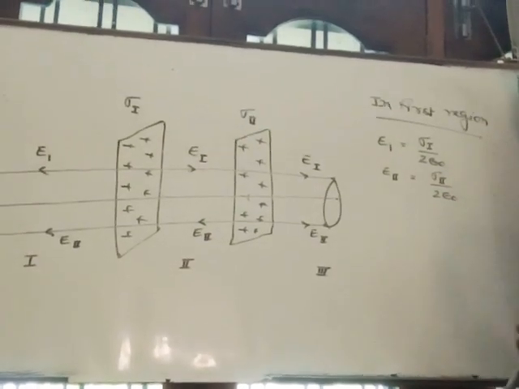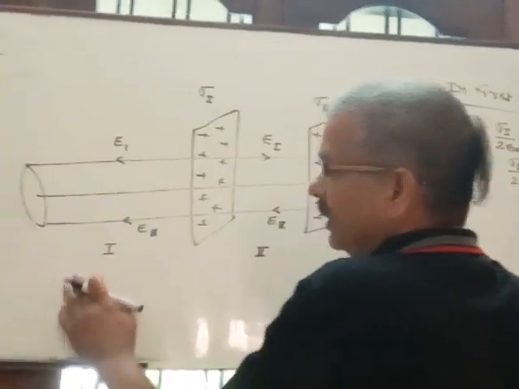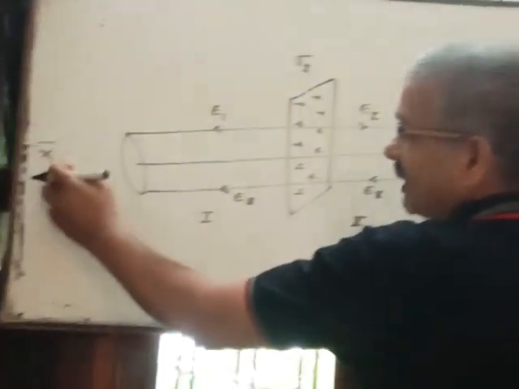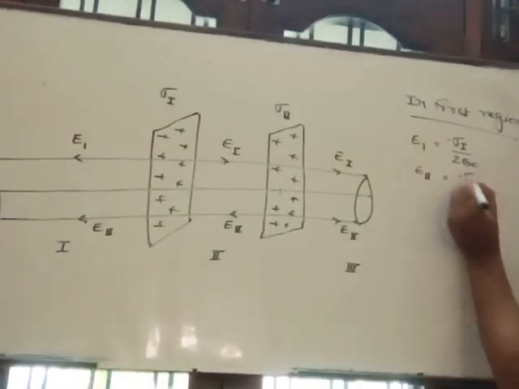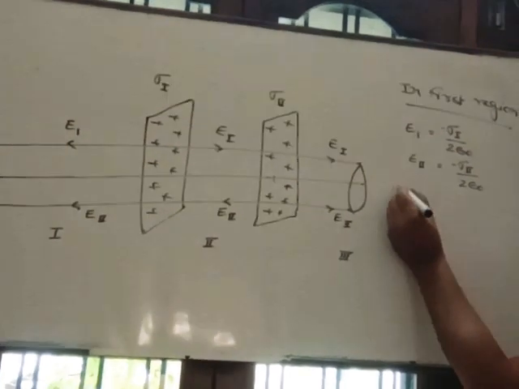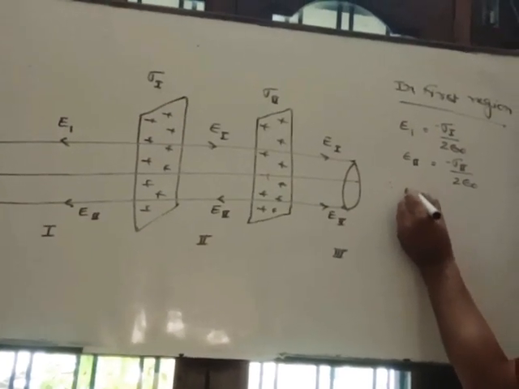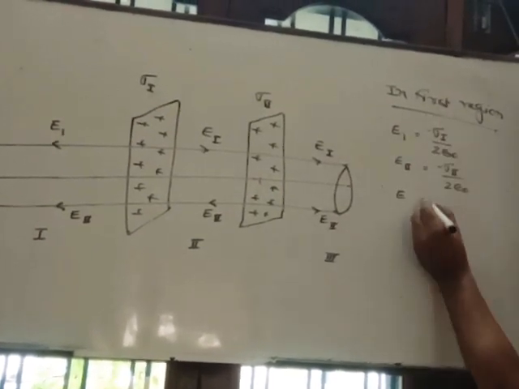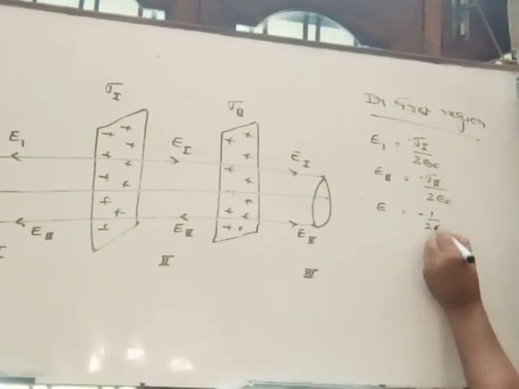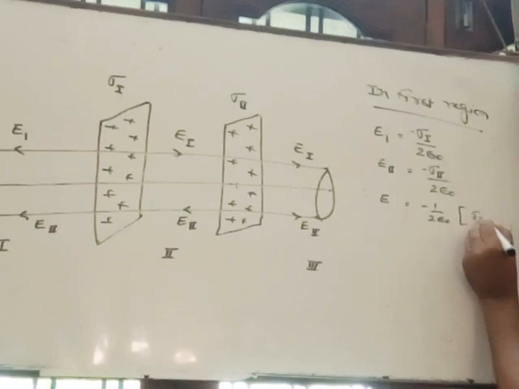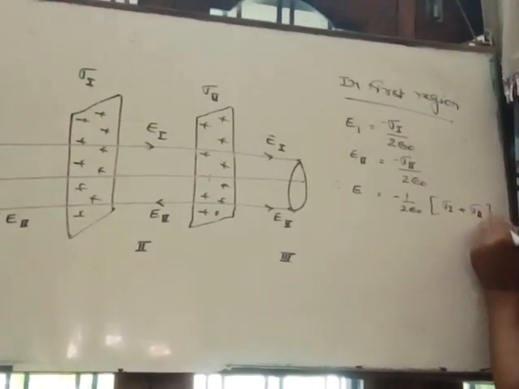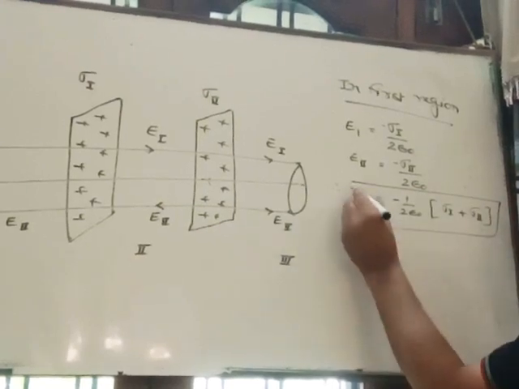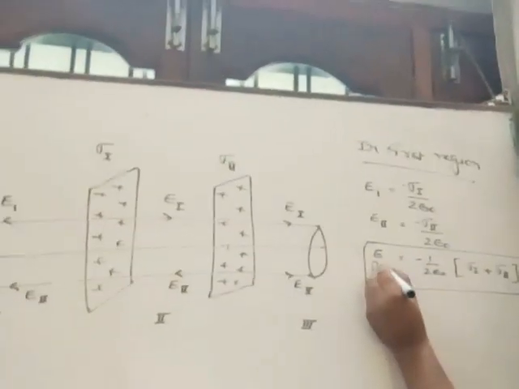See here, since the first region is present left of both the sheets, or you can say along the x negative axis of both the sheets, both are negative. Therefore, the net EFI in the first region becomes minus 1 upon 2 epsilon 0 times (sigma first plus sigma second). This is the net EFI in the first region.